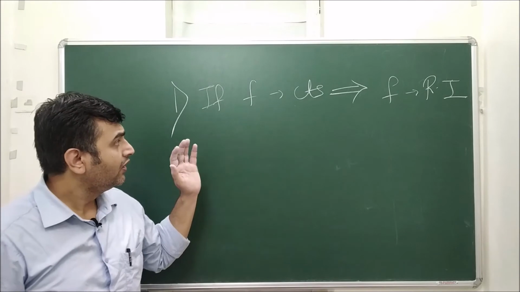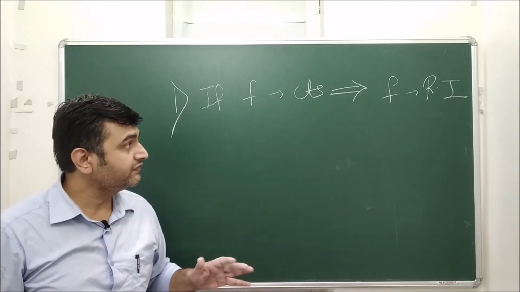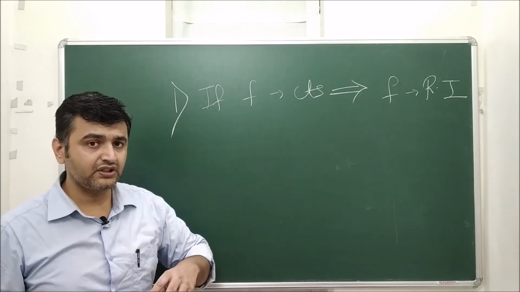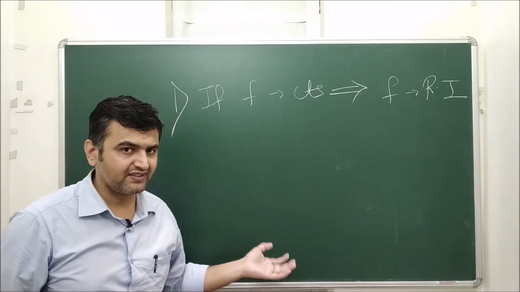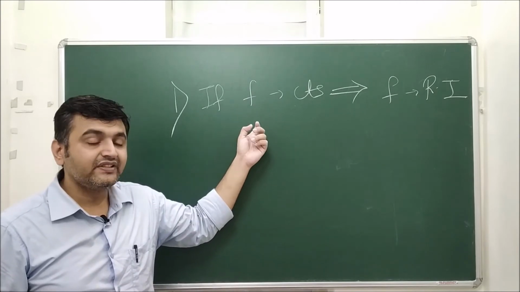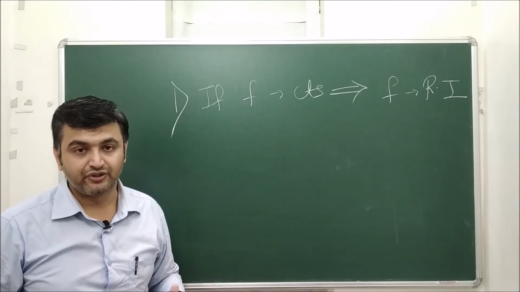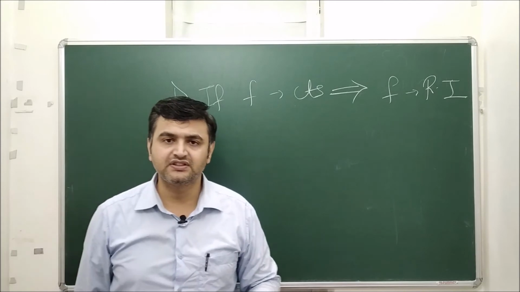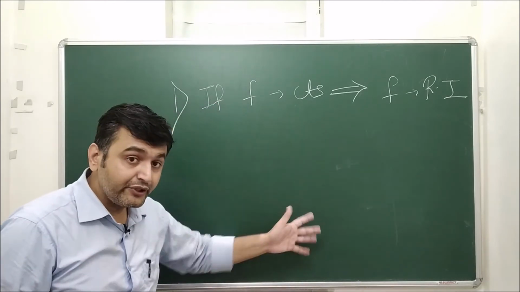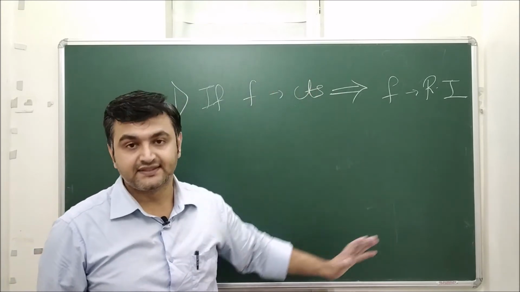Converse is not true. For discontinuous functions, it may or may not. We saw an example where it was not Riemann integrable. Okay, but for continuous functions, integration always exists.